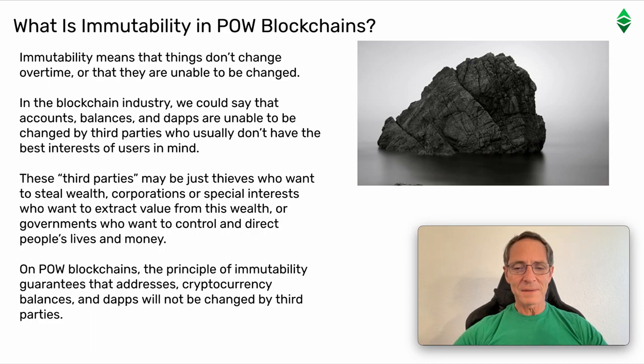These third parties may be just thieves who want to steal wealth, corporations or special interests who want to extract value from this wealth, or governments who want to control and direct people's lives and money. On Proof of Work blockchains, the principle of immutability guarantees that addresses, cryptocurrency balances, and dapps will not be changed by third parties.